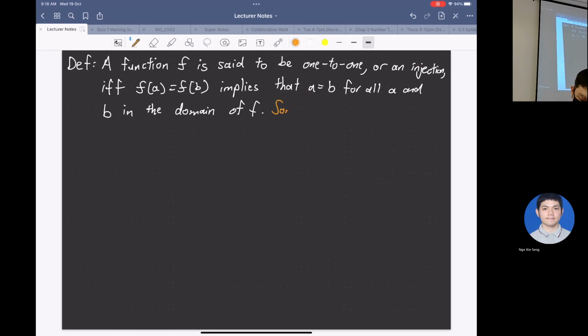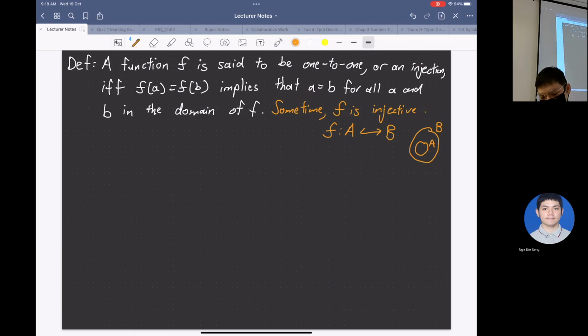Sometimes we say that f is injective, and then we use the hook notation, like A is sitting inside B. Because it's one to one, every element in A has a unique one in B. So your A is like sitting inside B, so you get an injection into B, if you want to imagine.